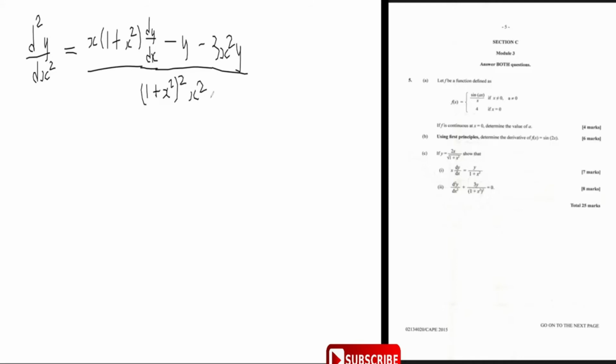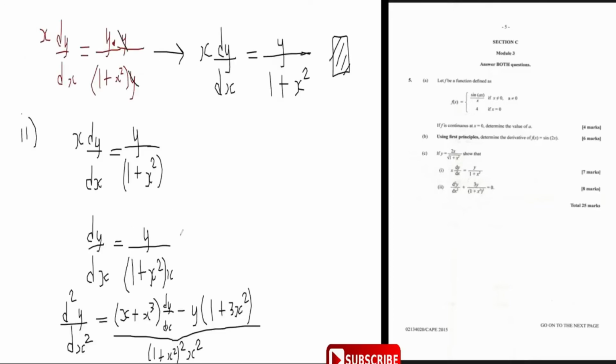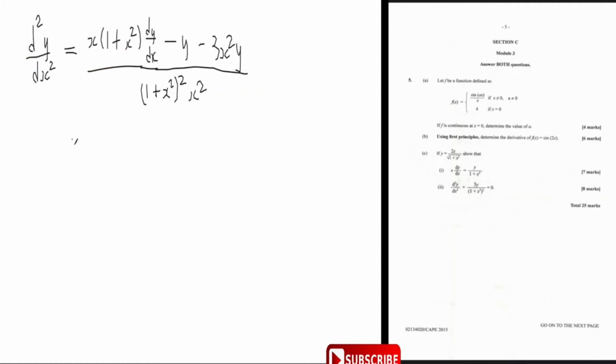Now let's look at how we can simplify this. Remember we said what is dy by dx? We're going to substitute for dy by dx right now, and everything else will work out. Remember, dy by dx is y over 1 plus x squared times x. So I'm going to plug that in here for dy by dx. It's a big substitution, so pay close attention.